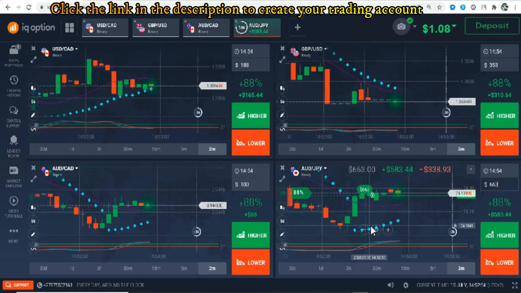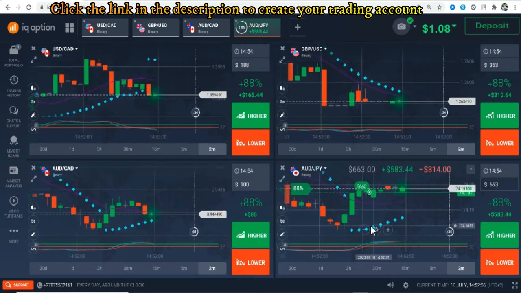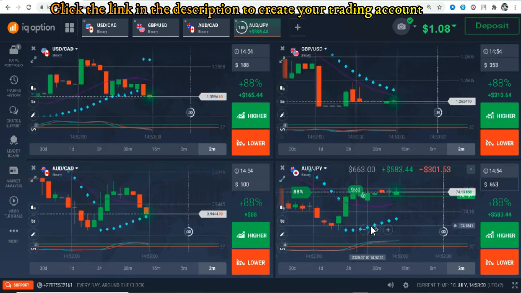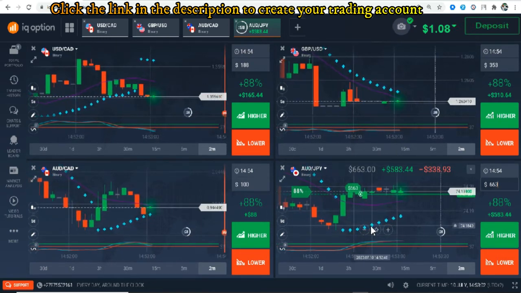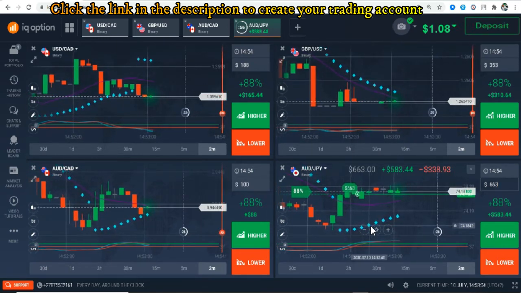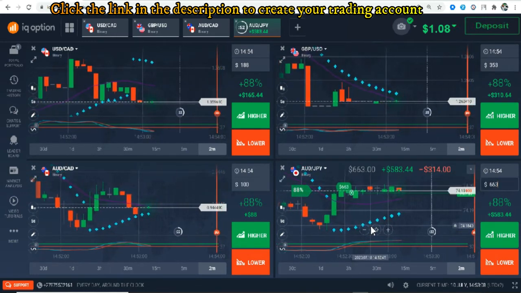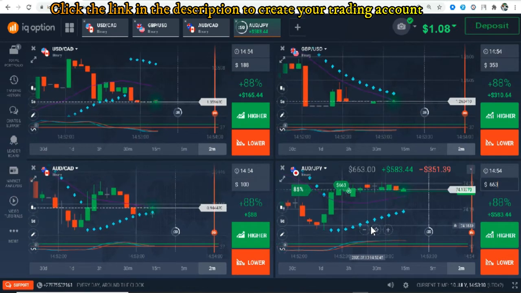So as you can observe the trade, since we clicked buy, we're expecting our price to stay on top of our entry point as it reaches the expiration time.